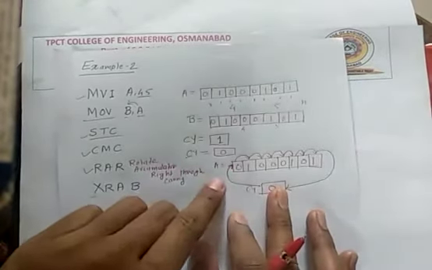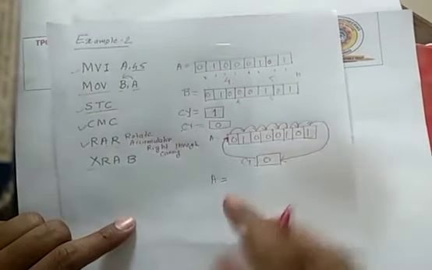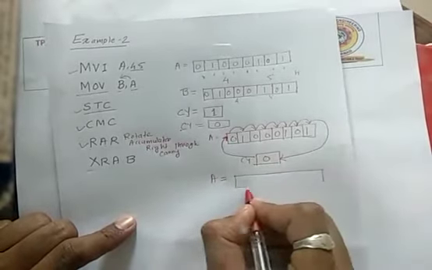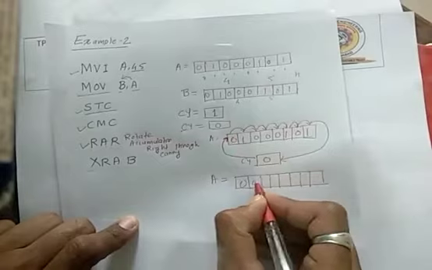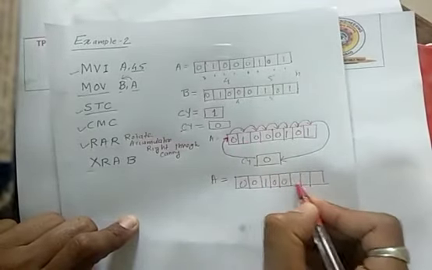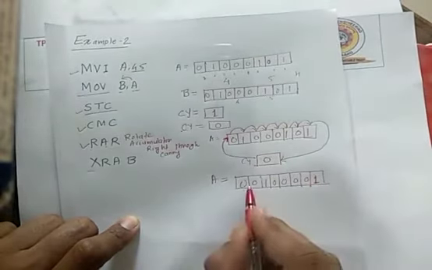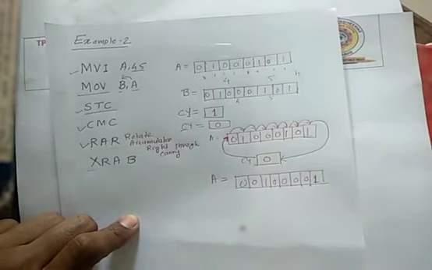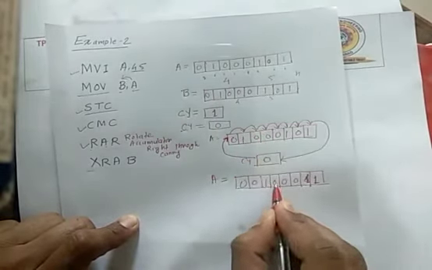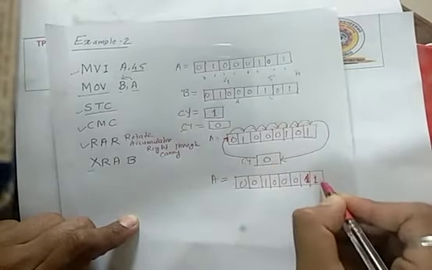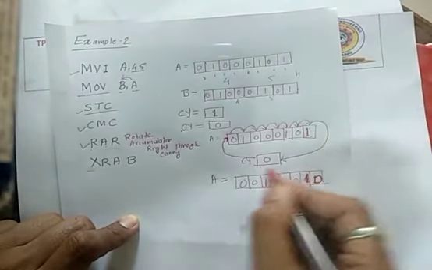So the accumulator content after the execution of the RAR instruction becomes: the 0 is moved in as the MSB, then this 0 is moved here, then 1, then 0, then 0 0 0, then 1, making 8 bits. The last 1 is the LSB of the accumulator, and it is shifted to the carry.